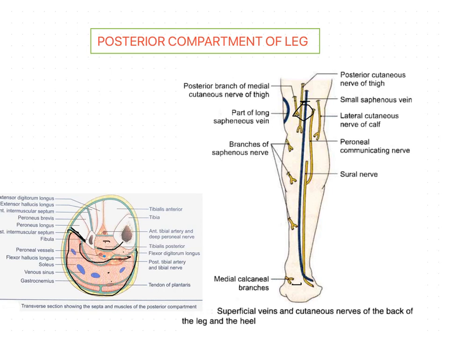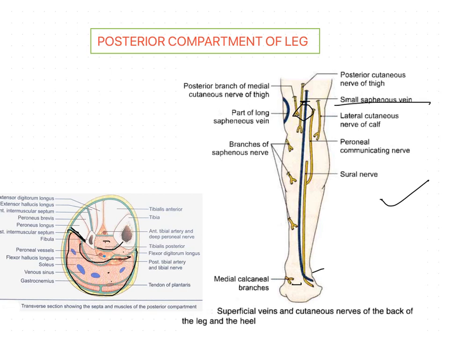Now in this session we are going to discuss the contents of the superficial fascia. Here you can see the contents of the superficial fascia of the back of the leg. It contains the small saphenous vein and part of the long saphenous vein.